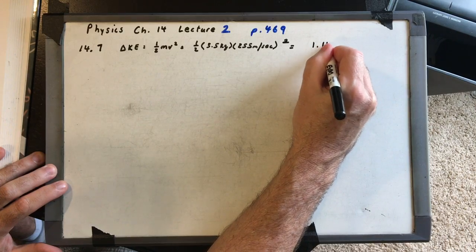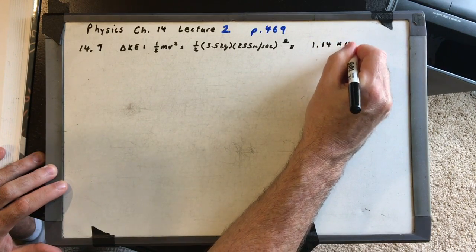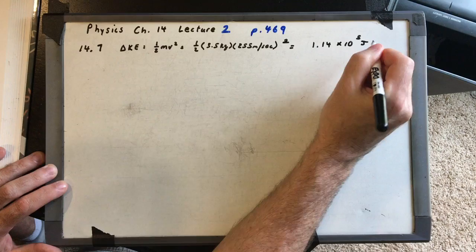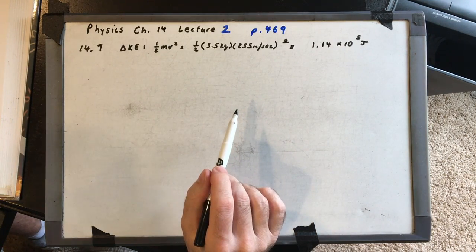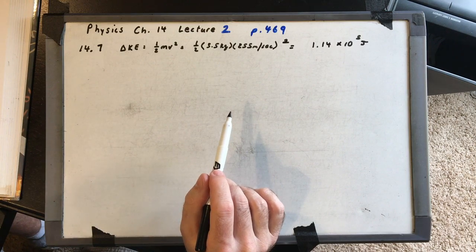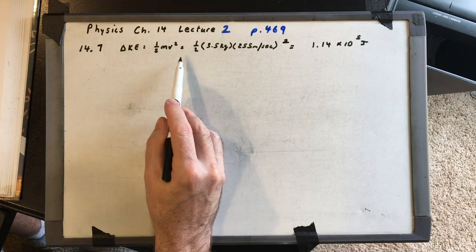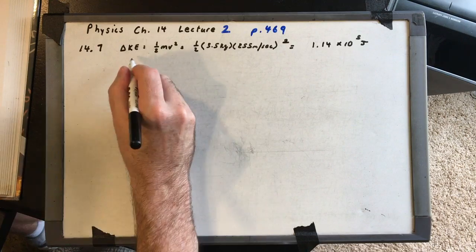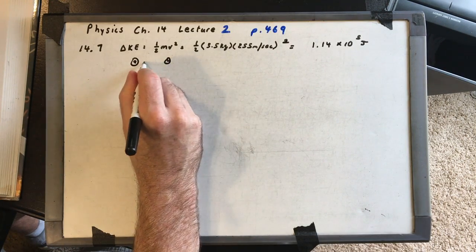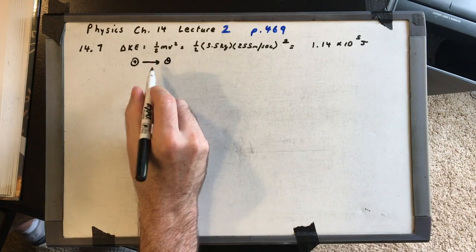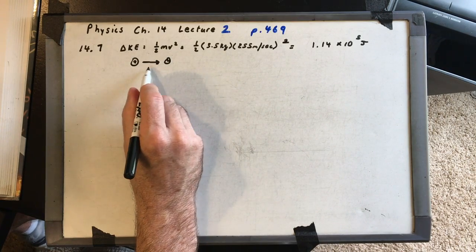But this next part is really important. The particles are both positively charged. They will repel. So if a positive charge is shot towards another positive charge, it's going to resist and want to turn around and go the other way.